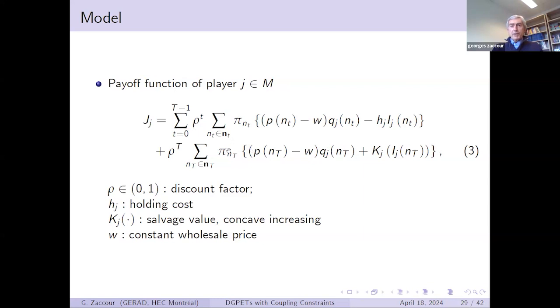And this is what is happening at the last nodes. So here you have sales, but you don't have orders, and this is the salvage value, meaning the value that you can get from having an inventory at this terminal node.